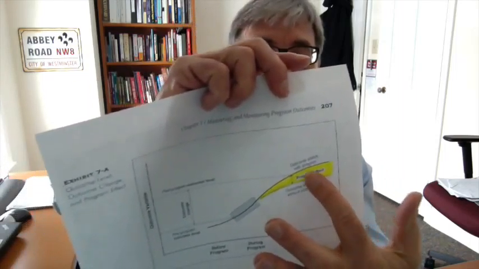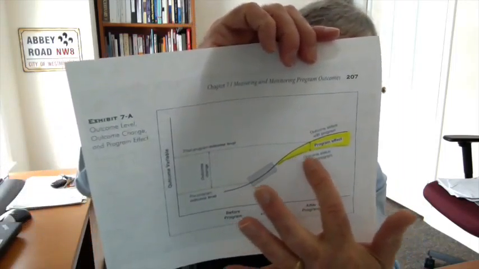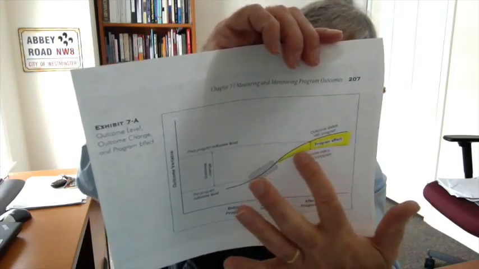In other words, you cannot estimate what they would have done if they didn't have the program, because you can't observe them not having the program, right? If they're in the program, you can't see what they would have done if they hadn't been in the program. So trying to estimate this bottom line here is really, really hard.